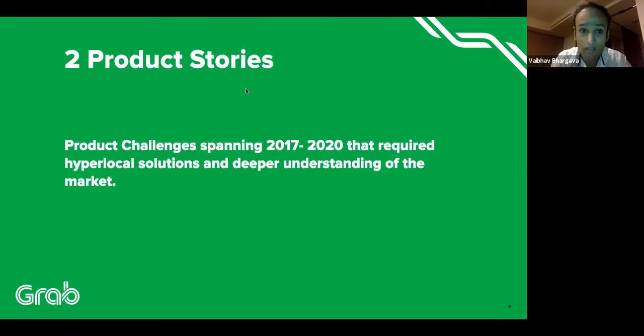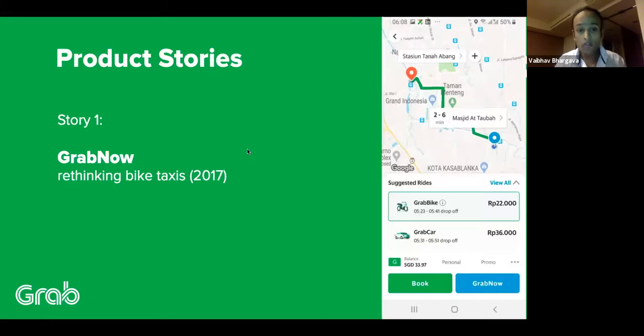So now let's actually go into a couple of product stories that, in my perspective, require hyperlocal solutions and will probably help you get a deeper understanding of the market. The first one is called GrabNow.